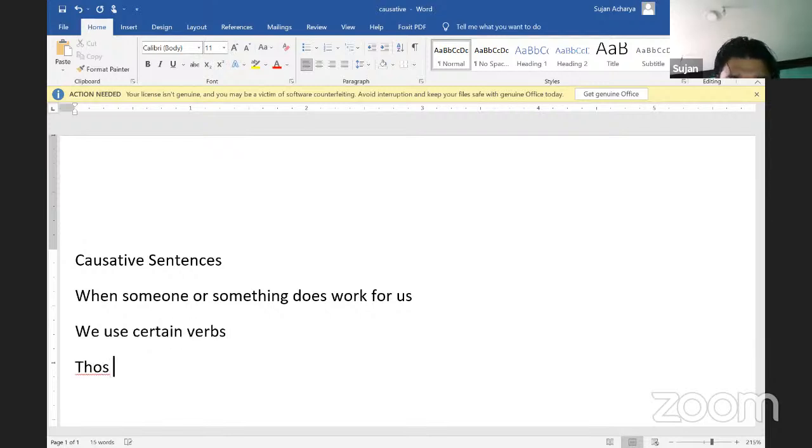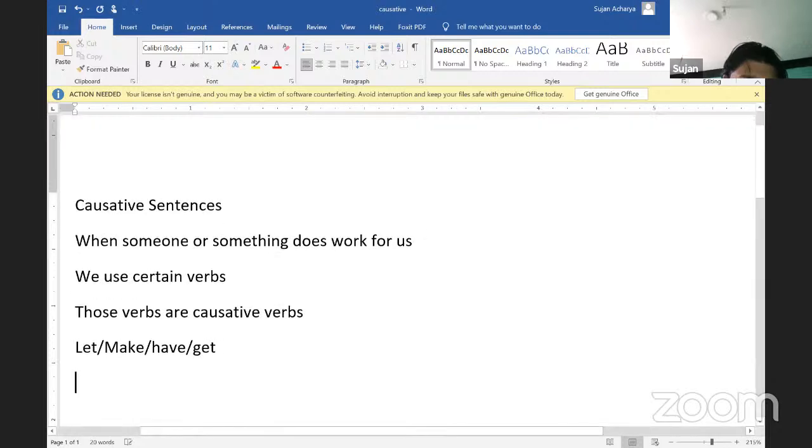Those verbs are causative verbs. The causative verbs are let, make, have, and get.